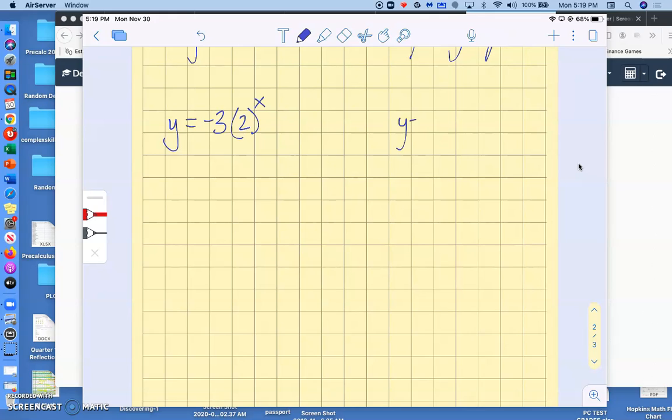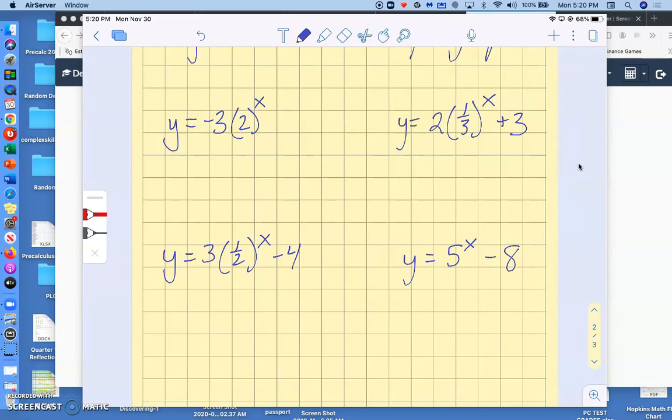Y equals 2 times 1/3 to the x plus 3. Y equals 3 times half to the x minus 4. And let's say we have y equals 5 to the x minus 8.